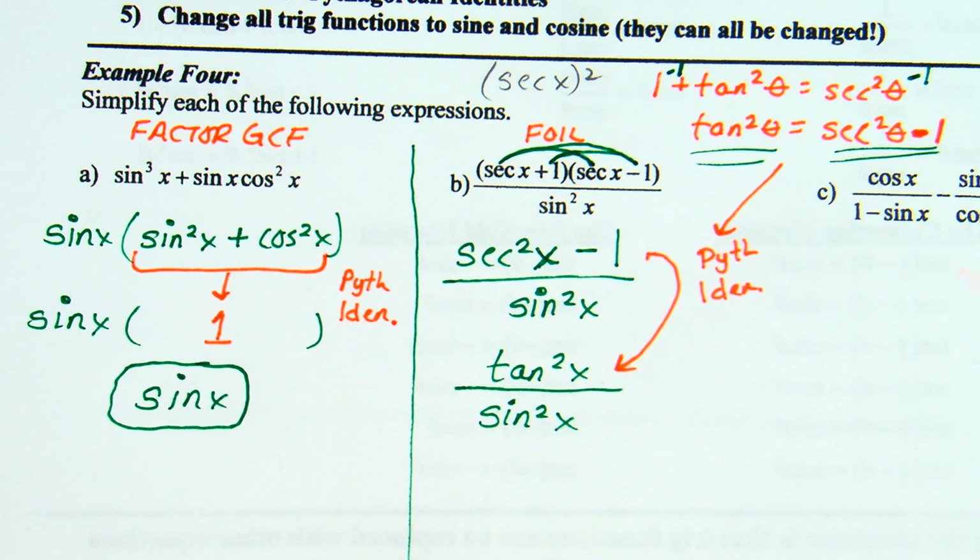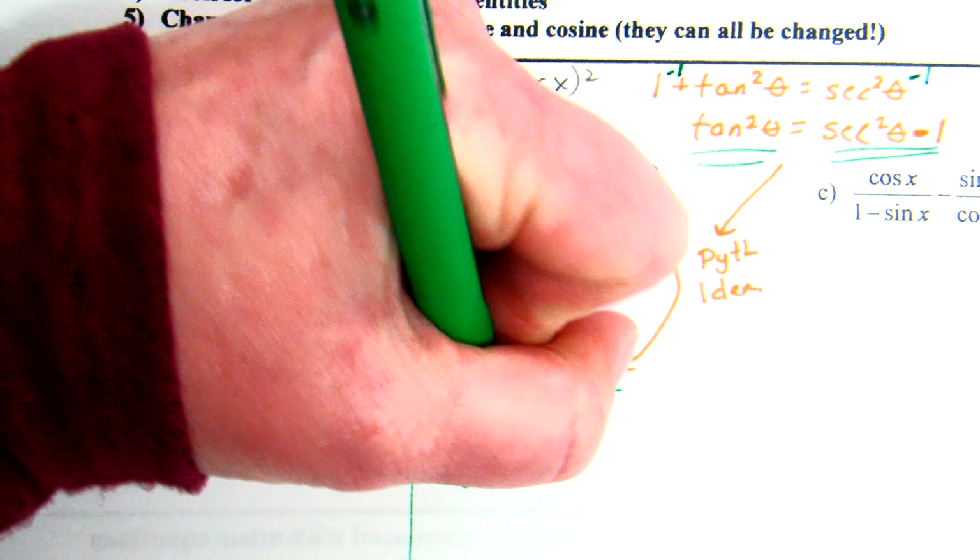Okay, so what do we know about tangent according to a quotient identity? Tangent is sine over cosine. So yes, it then follows that tangent squared is sine squared over cosine squared. Now, we're going to have a fraction within a fraction there. However, here's my thought on that one. And you can do this before or after, but this is a fraction, right? What does a fraction really mean? It's division, right?